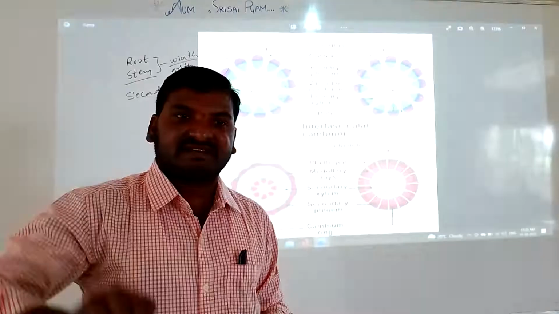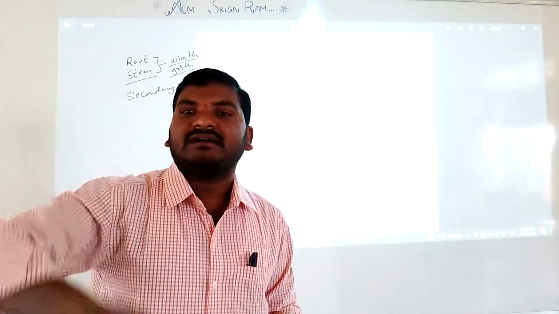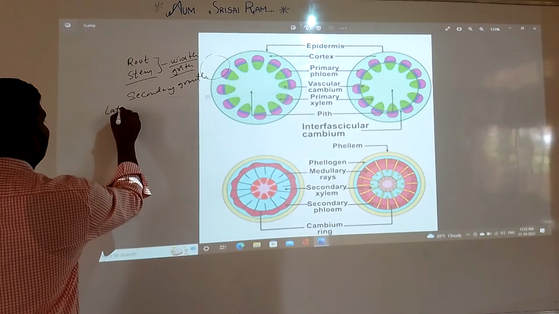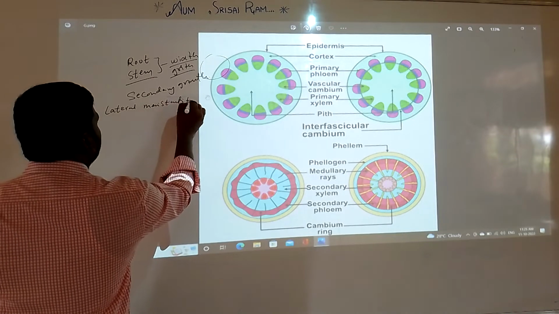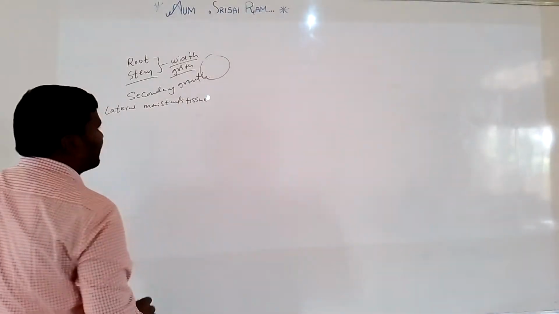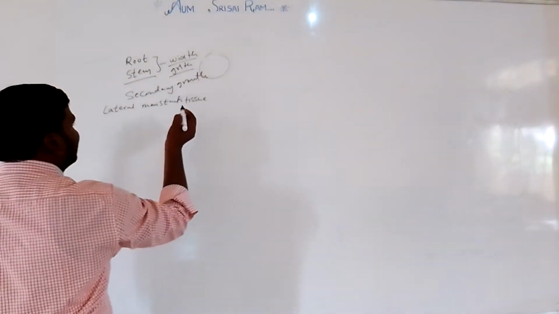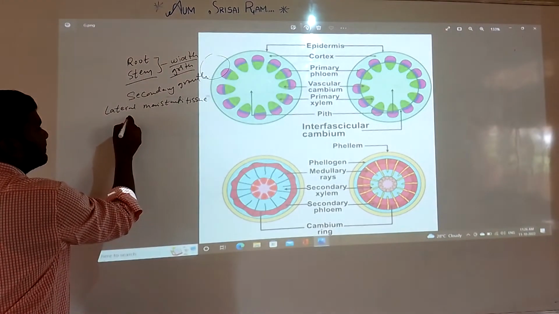We have three types of meristematic tissue: apical, intercalary, and lateral meristematic tissue. Here, which is the one? Lateral meristematic tissue. This lateral meristematic tissue generally produces two types of tissues.